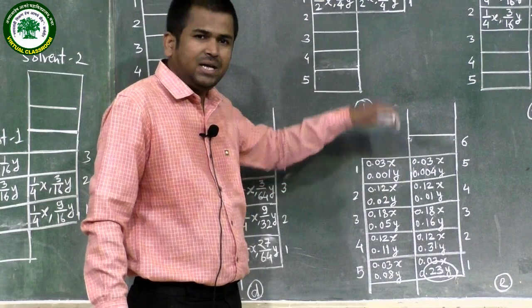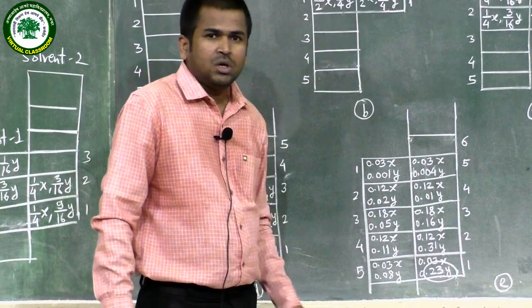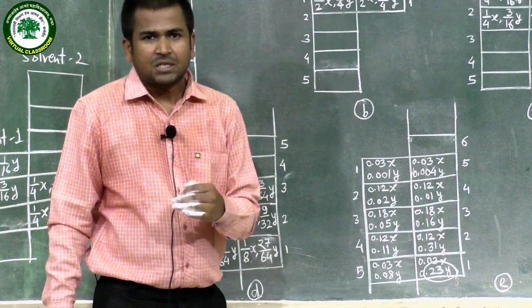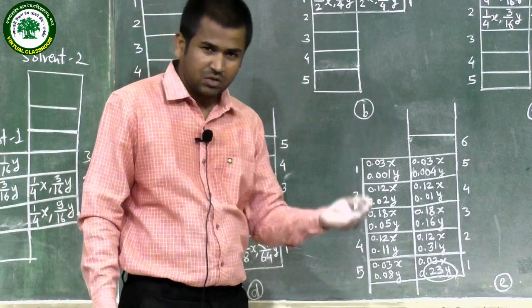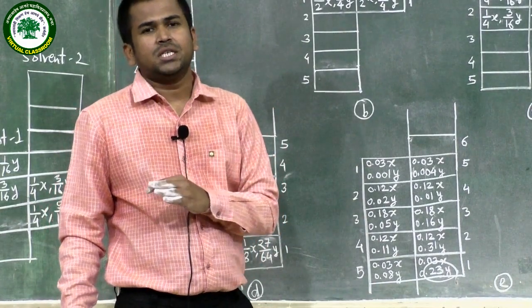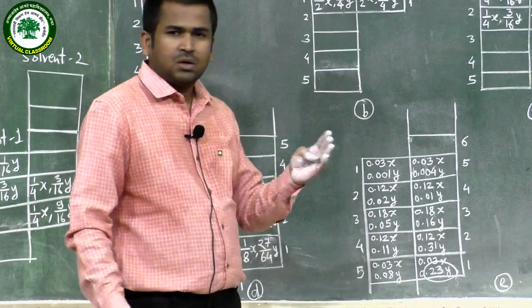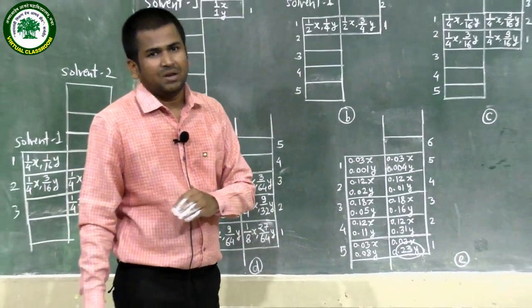So as we go on adding the boxes over column 2 and pushing it down, the concentration of solute X goes on increasing in solvent 1, that is, in the stationary phase, while the concentration of Y goes on increasing in column 2 in solvent 2, which is the mobile phase.